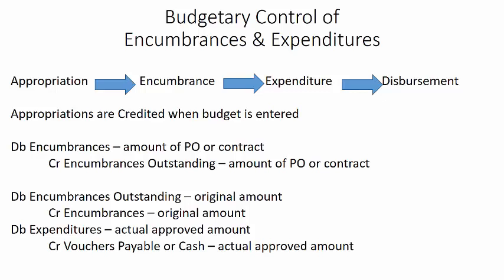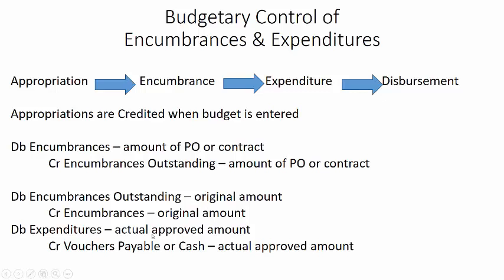So our journal entries have to be done a certain way. When the invoice has finally been approved for payment, what we need to do is reverse out the original amounts out of encumbrances and encumbrances outstanding. Whatever we did this journal entry set for, we're going to reverse it out exactly the same.